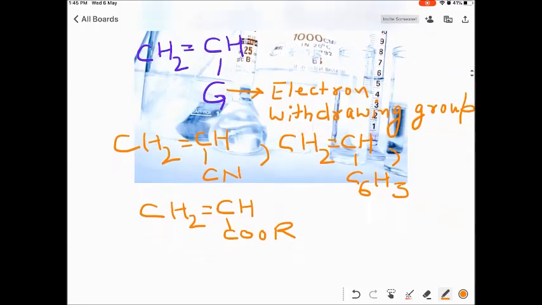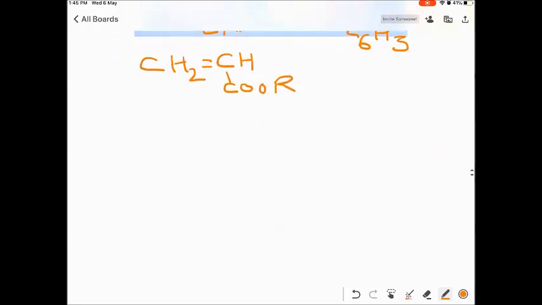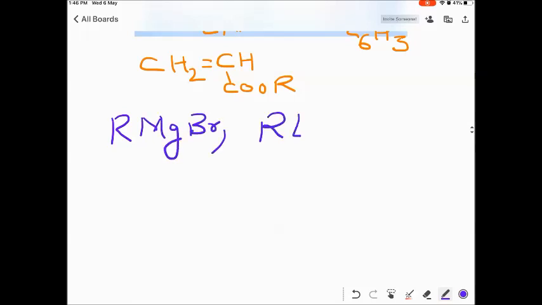Now what are the reagents used for anionic polymerization to initiate the reaction? And of course many organometallic compounds are used. For example, Grignard reagent, organolithium compound, these generate a nucleophile. The more popular alkyl lithium is butyl lithium.